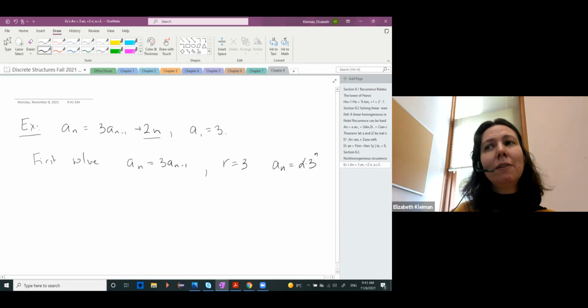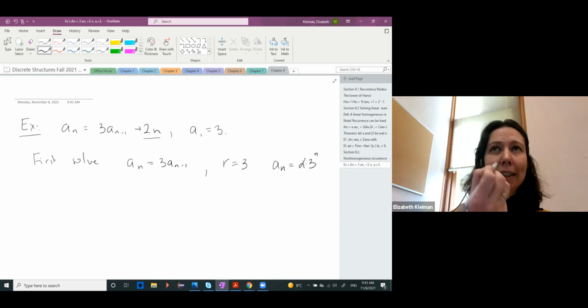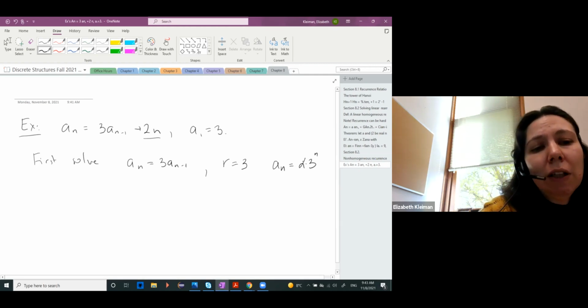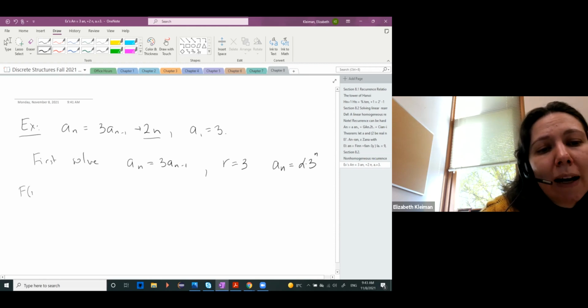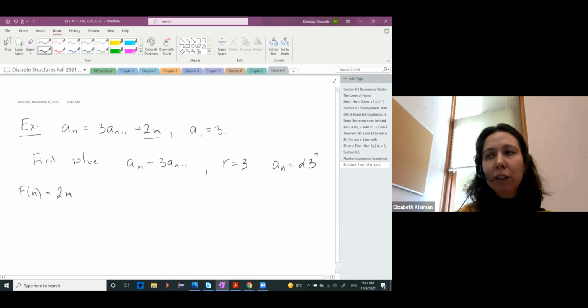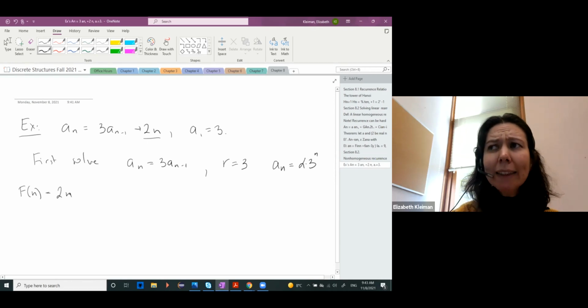And now this is where we need to find a particular solution. This is a solution of this function. So this is where we need to look at what my f of n is, what is the extra part I have out here. The extra part I have out here is f of n equal to 2n, and this is a polynomial of degree 1.